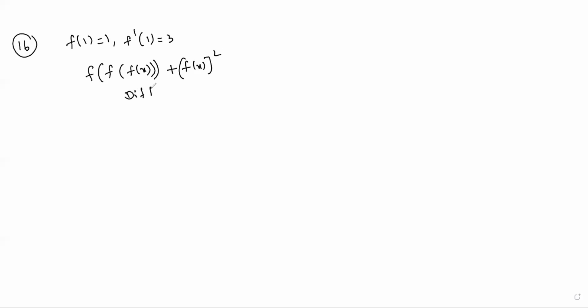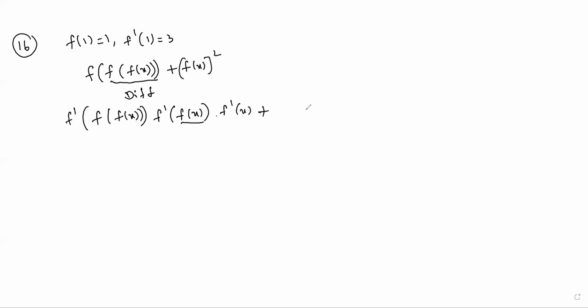Okay, differentiate this first. The outer function F, derivative is F dash, remaining F of X. Now this function we need to differentiate. Now again what will we get? F dash of F of X, again now the inner function F dash of X, plus, which completes our derivative.